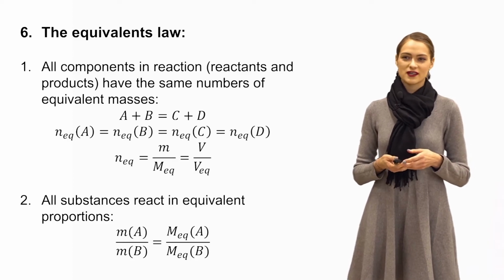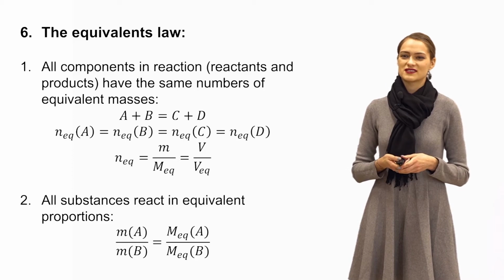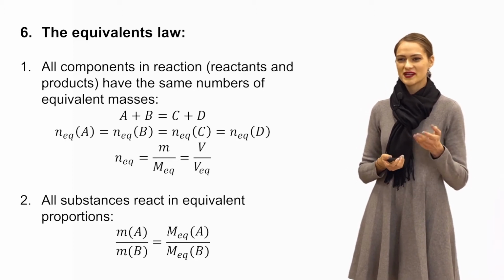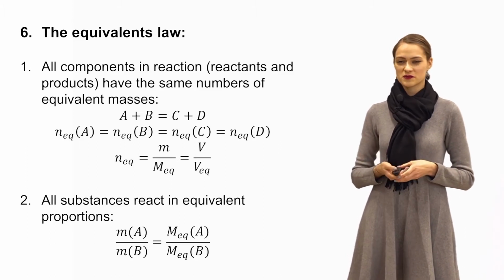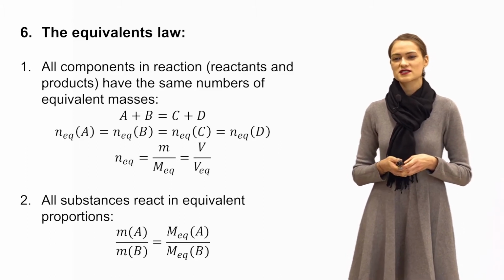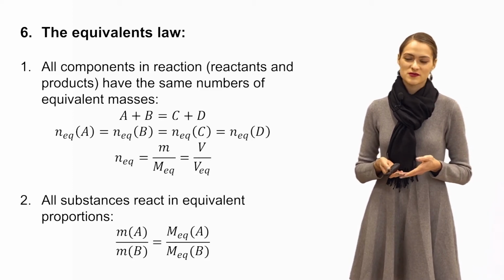Of course, we can recombine this formula. We can write mass over equivalent mass of one substance equal to mass over equivalent mass of the other substance. Or as well, we can use volumes.